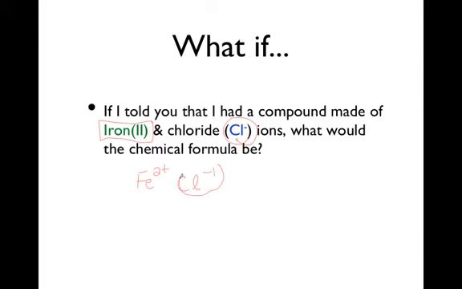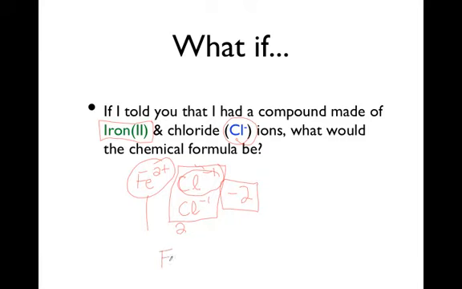So you actually need 2 chlorines with a charge of -1, and then the entire total of all of your chlorine atoms here has a total charge of -2. Your iron has a charge of +2, and if you combine 1 iron and 2 chlorines, then they will neutralize each other. Because of that, the chemical formula for iron 2 with chloride is going to be like this.